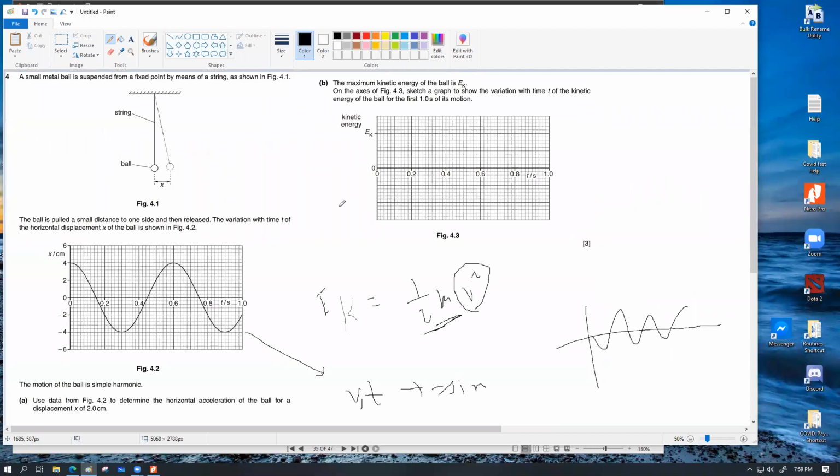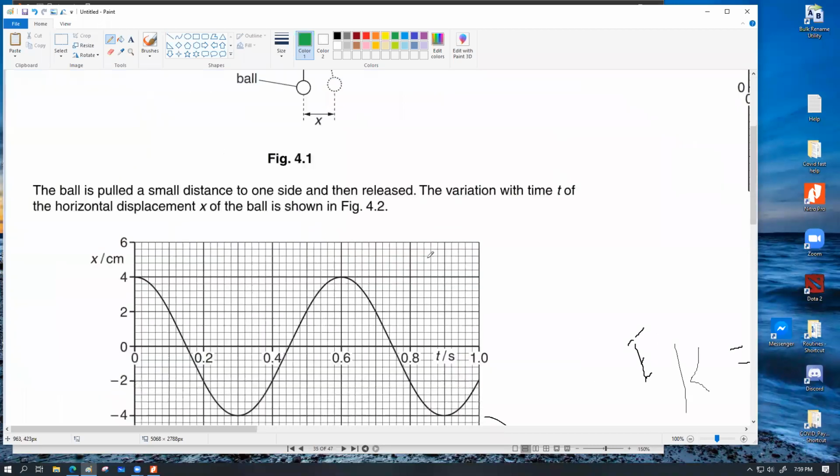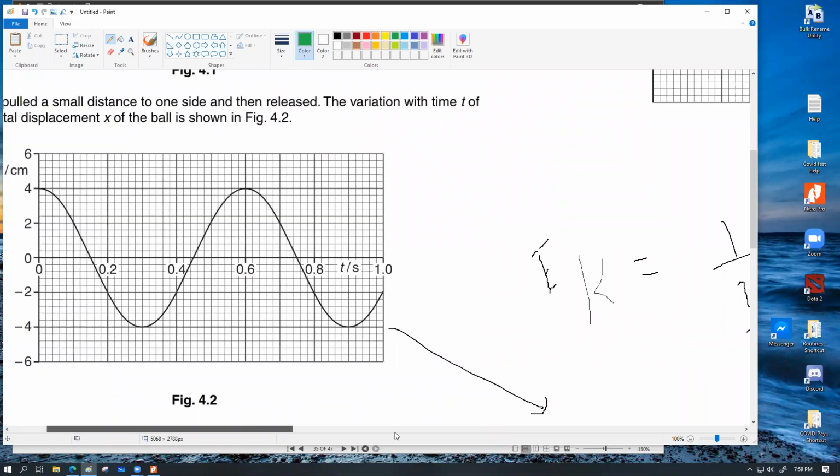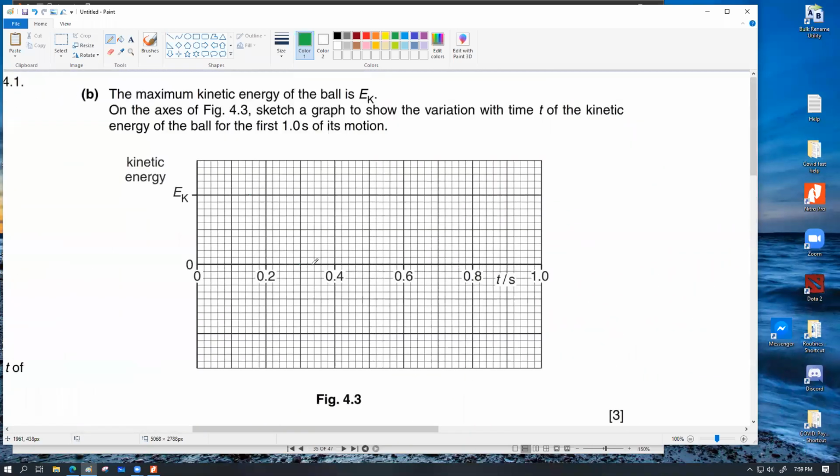So if I try to replicate this graph, let me just label a couple of points over here a bit more clearly so that I can start drawing my own drawing. And at the 15 division, we have 0. Okay, so I have 3 points over here already. So using these 3 points, I'm going to try to draw my curve. Okay, let's see.